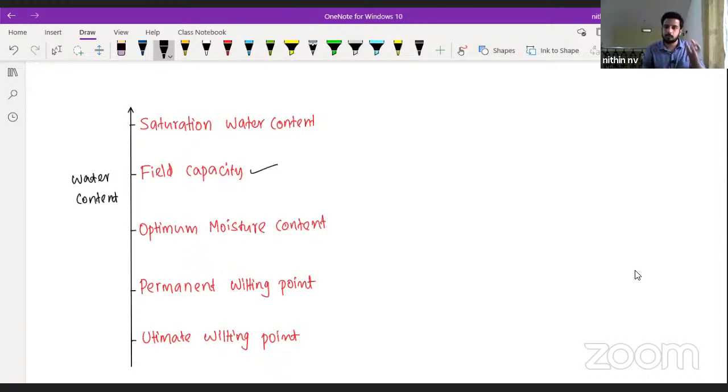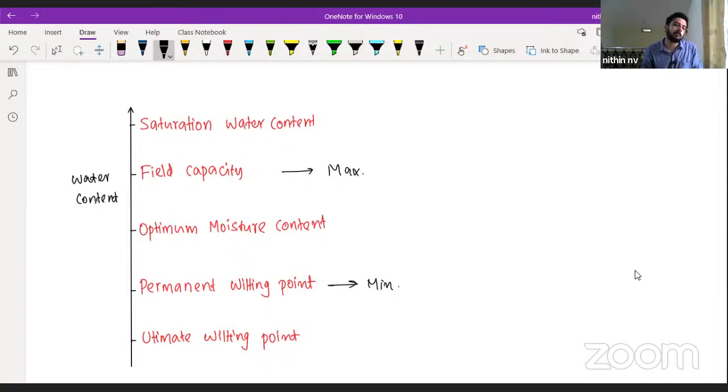This is the maximum water content that the plant can extract, and permanent wilting point is the minimum water content the plant can extract. That itself can be one more question. The maximum water level is field capacity, and the minimum water level is permanent wilting point.